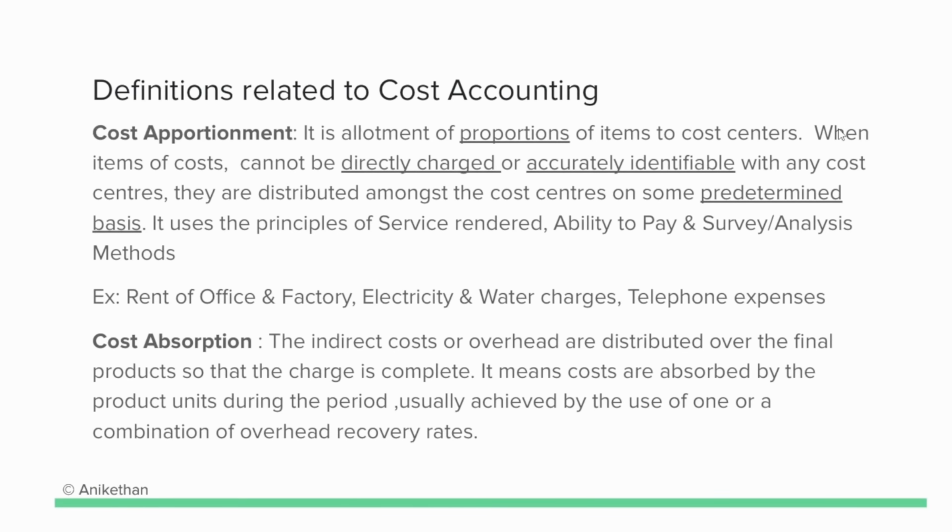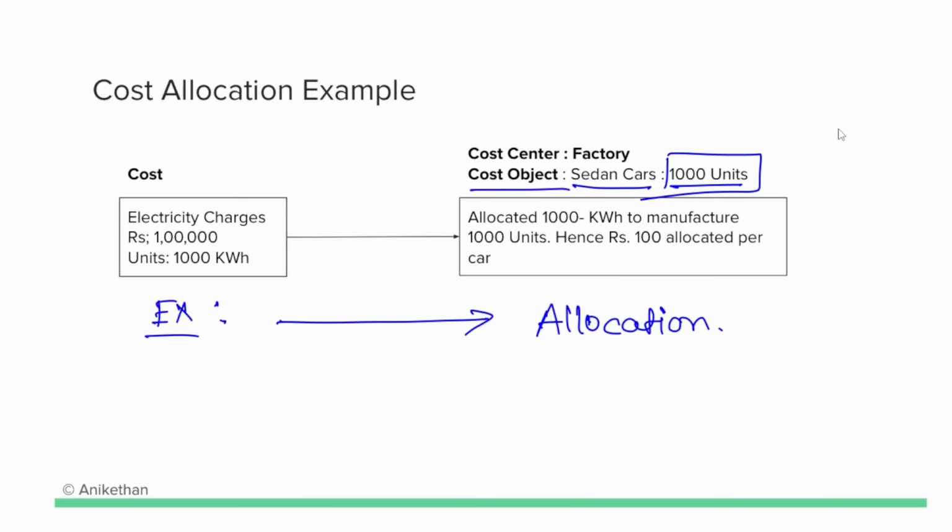When you go to cost apportionment, what is cost apportionment? Take the same example. Here, instead of only sedan cars, let's say they manufacture SUV cars also. In that case, this cost will be split between sedan and SUV cars. That is apportion.